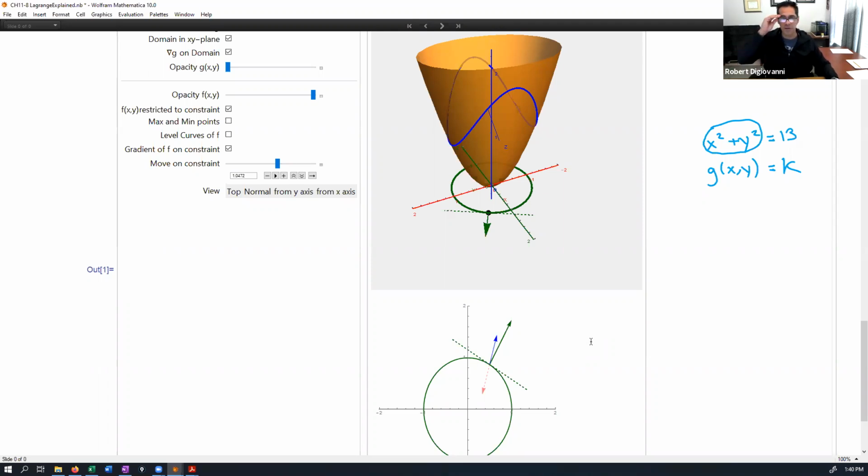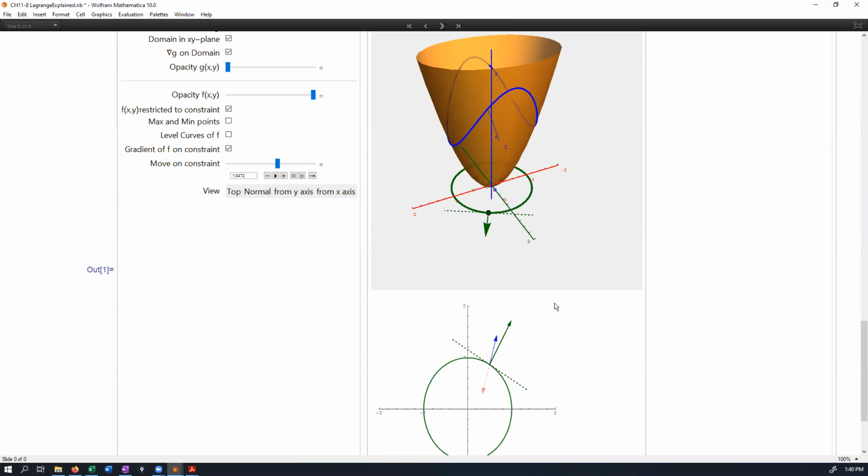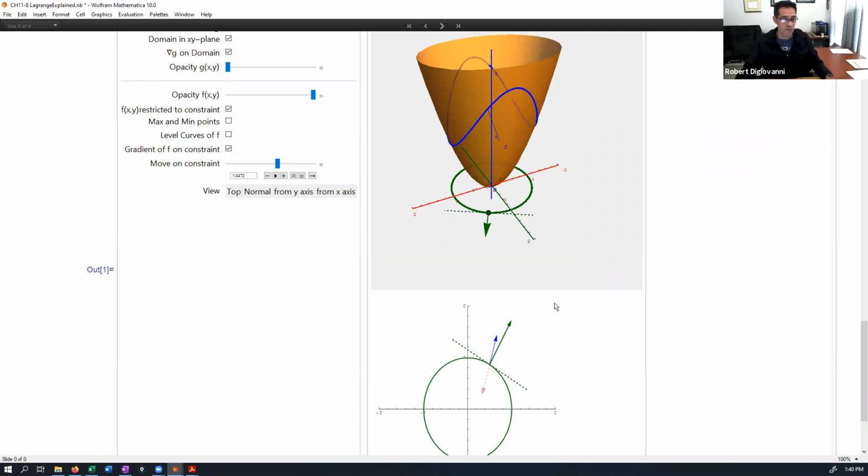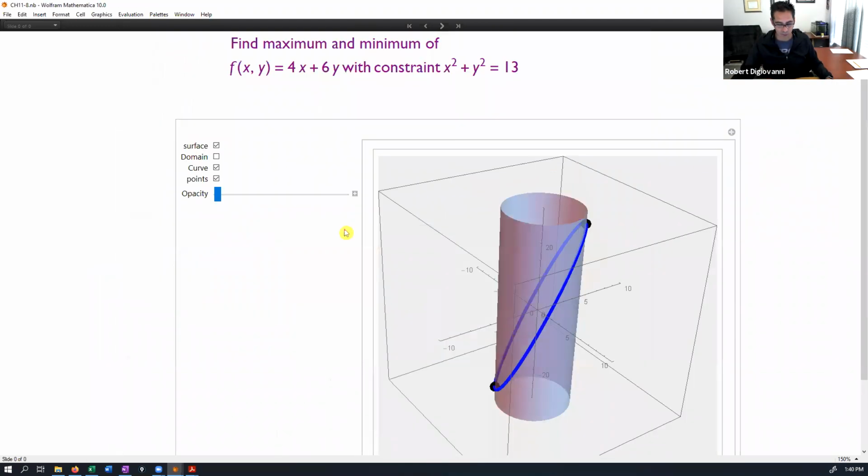That's what math majors do. We start from the very beginning, we start proving all the theorems. So Lagrange is something that you may study if you're a math major, and you actually go through and have a formal proof of this. This is just a visual confirmation, but I hope it at least shows you a little bit of what we're trying to do, right? Okay, let's go to the next example.